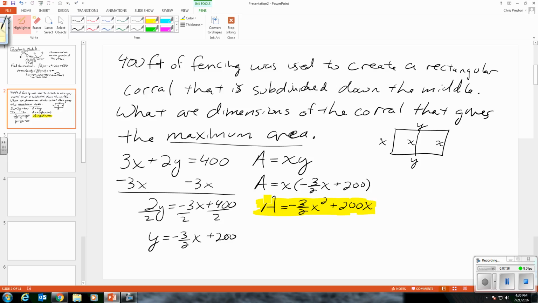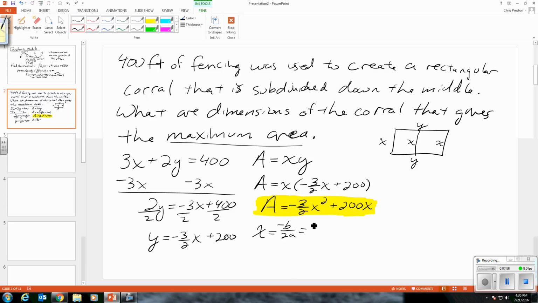So if I want to maximize this quadratic equation, what that means is I want to find the vertex. Well, not the whole vertex. Since I'm just looking for the dimensions, not the maximum area, I just need to find that first value, negative b over 2a.